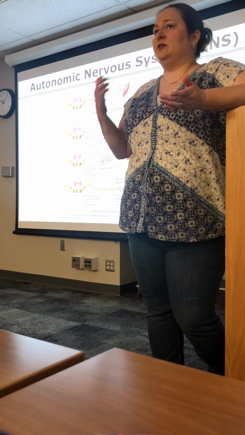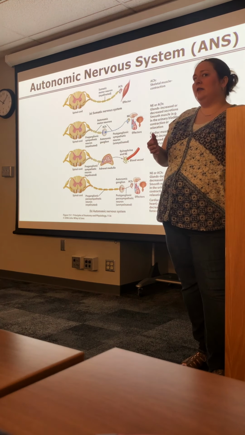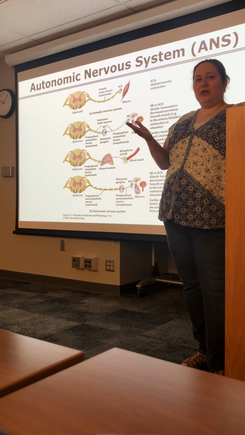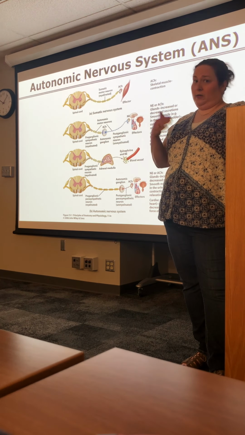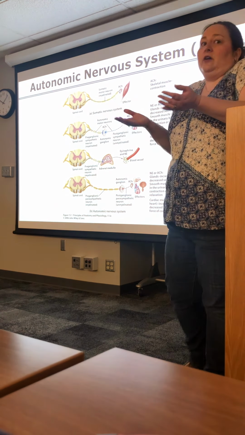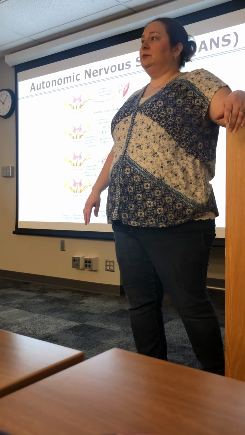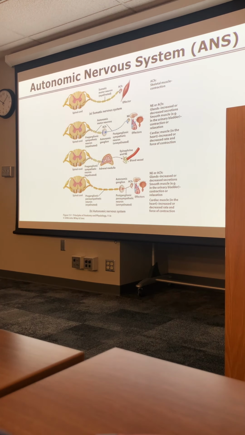Now the interesting thing, and we'll talk about it, is that the first neuron in the sympathetic division pathway is myelinated, the second one's not. And you would think that if a bear jumps out in front of you, you want that information to go where it's going as quick as possible. But it turns out the second neuron in the pathway is not myelinated. So why that is, I don't know. Any other questions?